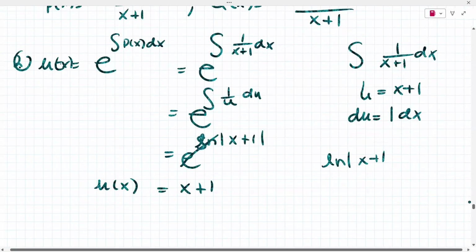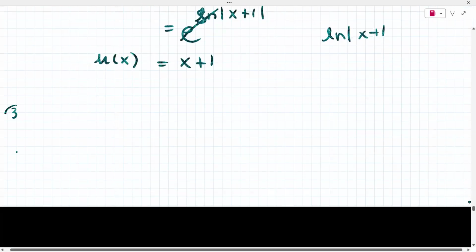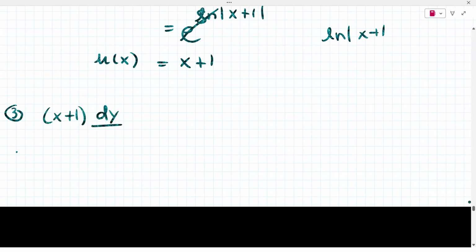Okay, now that we have our mu, step 3 is multiply everything by mu. So if our mu is x plus 1, it's going to be x plus 1 times dy dx plus mu of x times p of x times y.